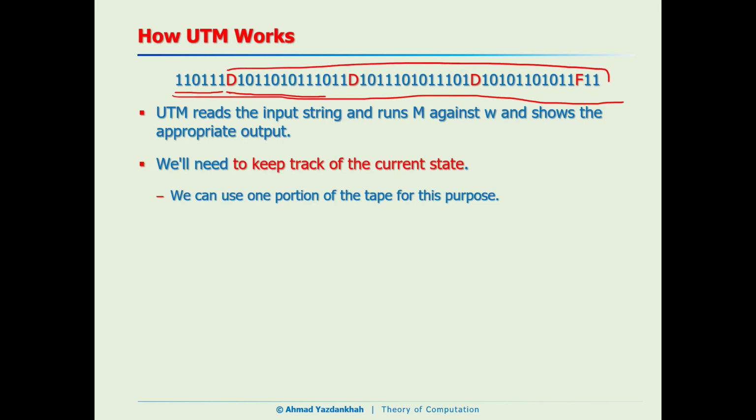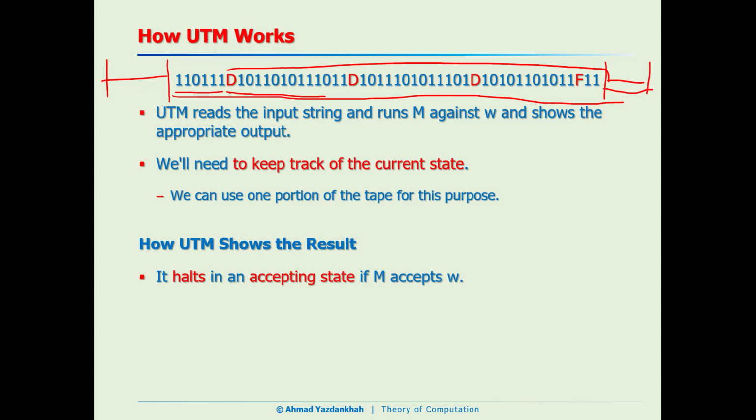And of course, you need to keep track of what the current state is, but you have unbounded tape after this and before this. You can specify some portion of that for keeping track of what is the current state.